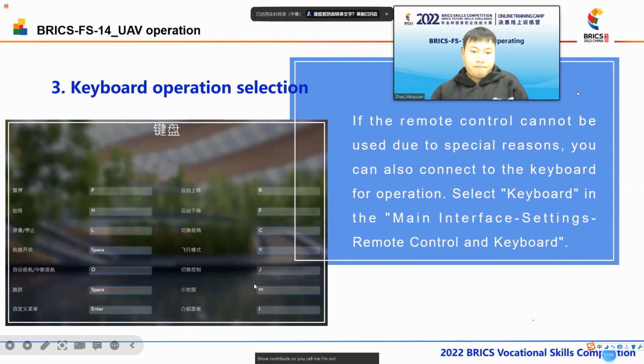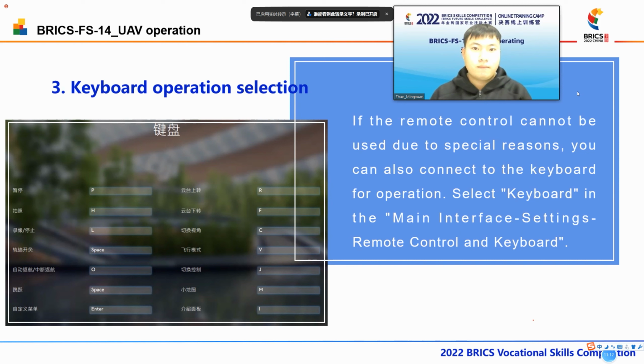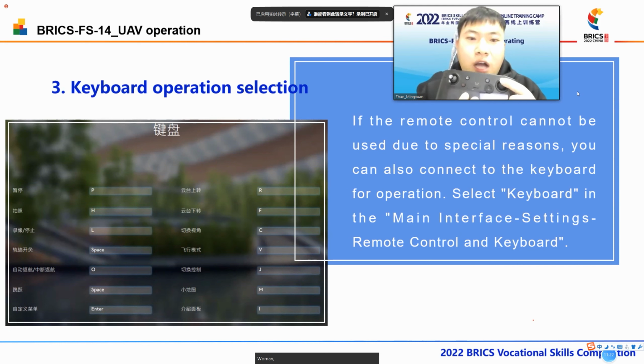On the keyboard, P is the pause. H is for photographing. L is for recording. The space is the check on key and the jump key. O is the automatic return. The return key is the custom menu. R is the PTZ up key. That is the camera up key.